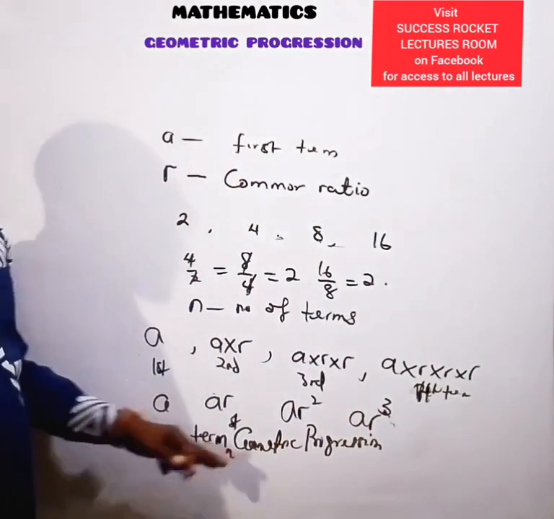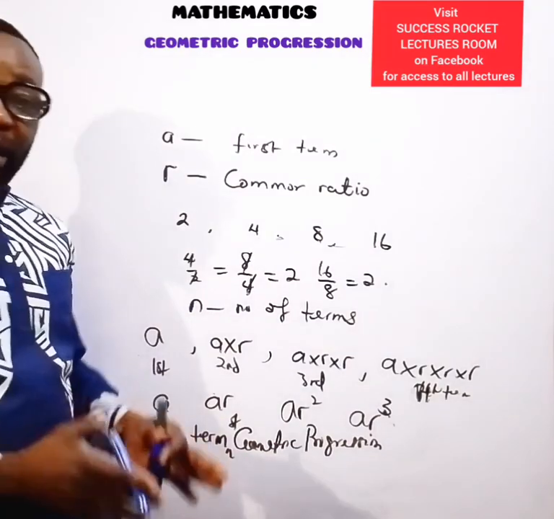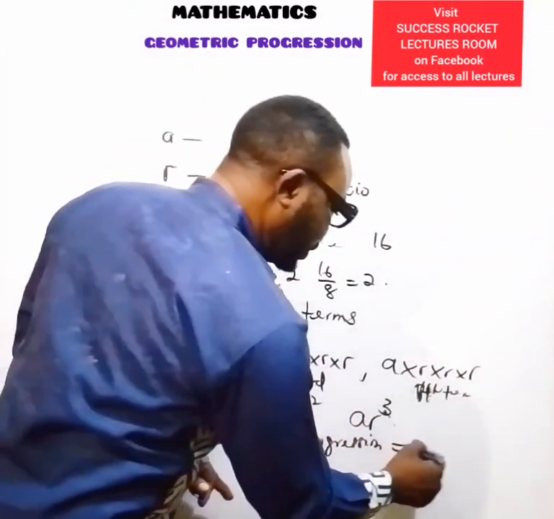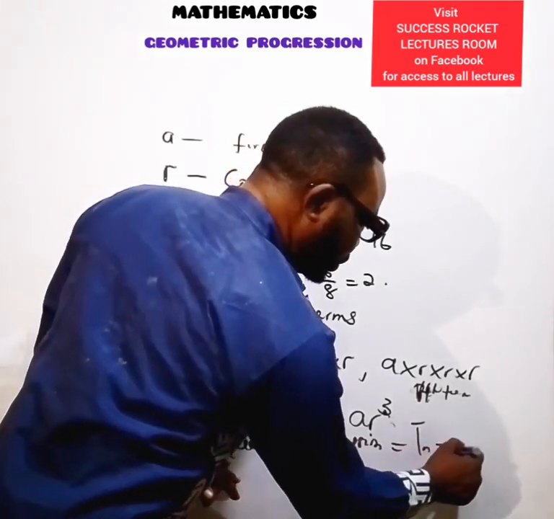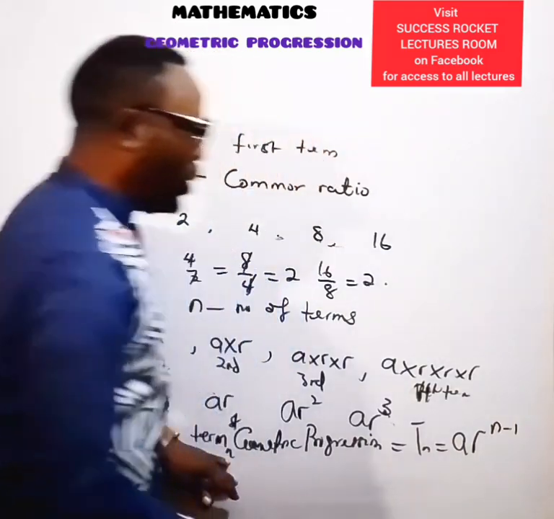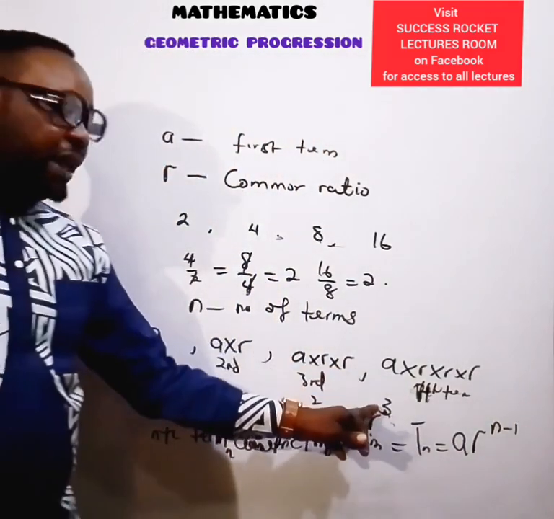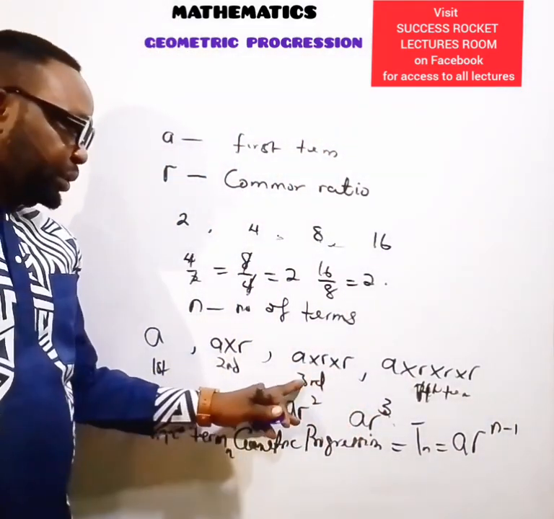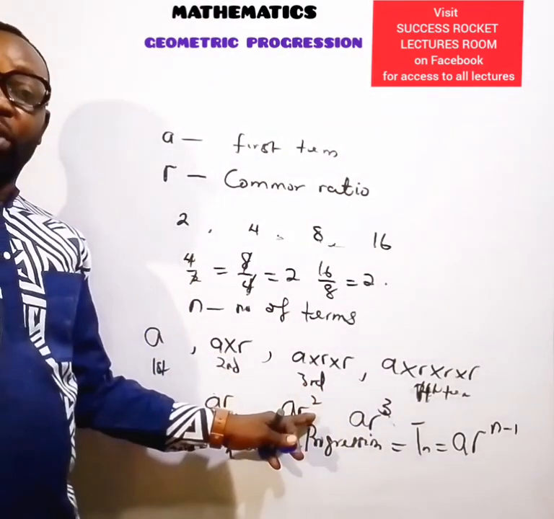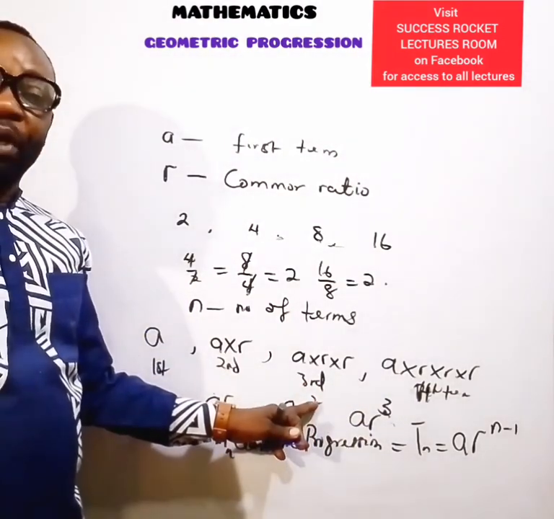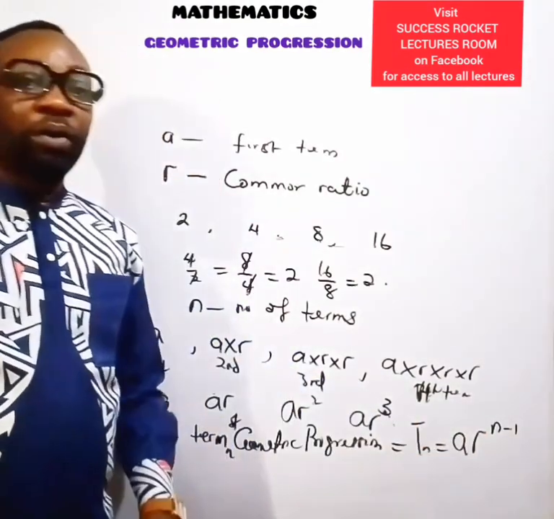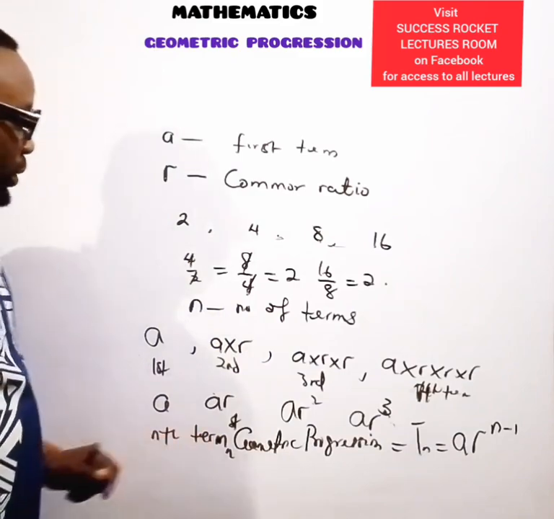We also have the nth term of arithmetic progression, but here we are talking about the nth term of geometric progression, which will be equal to Tn equals ar raised to the power of n minus 1. As I have said earlier, the term number is reduced by 1 to give the power to which r will be raised. You can see there, Tn is equal to ar raised to the power of n minus 1.